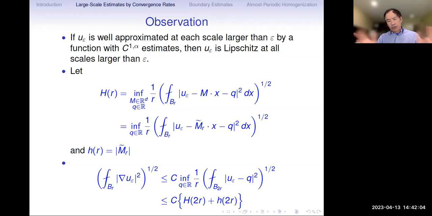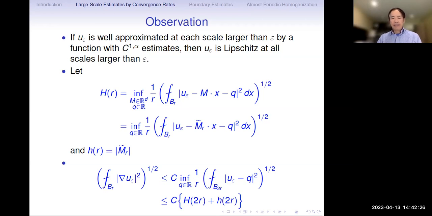The L2 norm of the gradient is bounded by the L2 norm of the solution if you dilate the radius by a multiple of 2 or any multiple greater than 1. Okay. The second inequality is just the definition of little h of r. It's just a triangle inequality there, right?